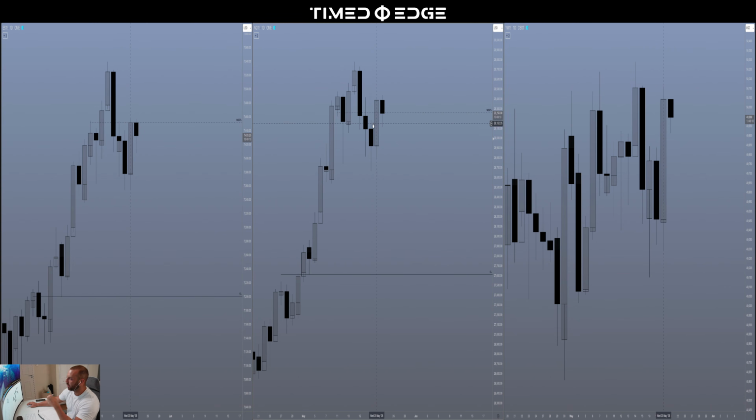All assets close above previous Tuesday's high. So we've got a bullish daily profile. Buy below the open, okay, but it looks like here we've got a weekly cycle happened.